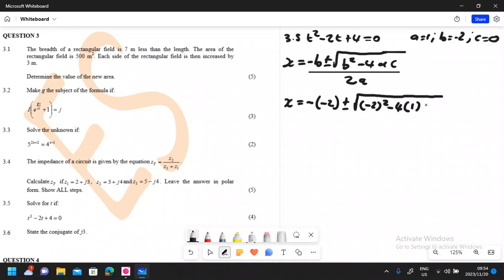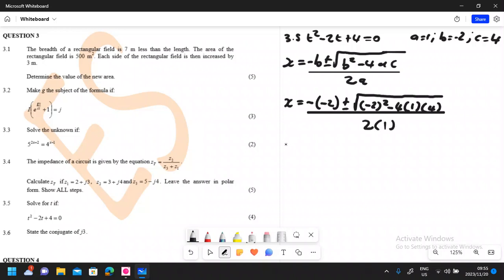A is 1, and then c is going to be, what did I put 0 there, guys? C is supposed to be 4. I made a mistake, I put 0 there. I hope you managed to see that one, right? It's going to be positive 4, guys. C is positive 4. And then we divide by 2 multiplied by a, which is 1.